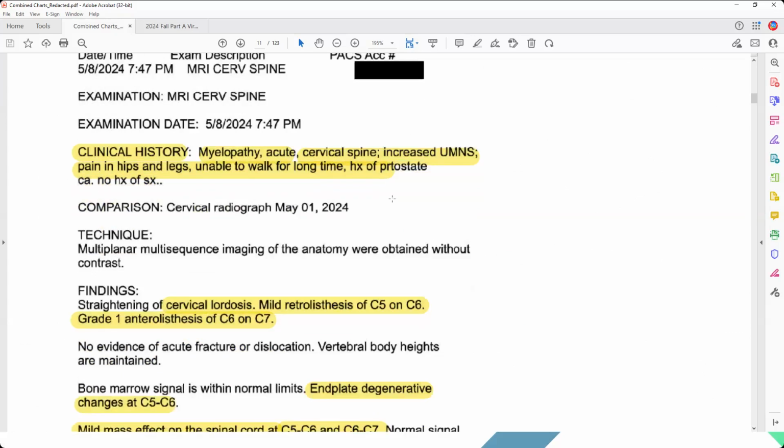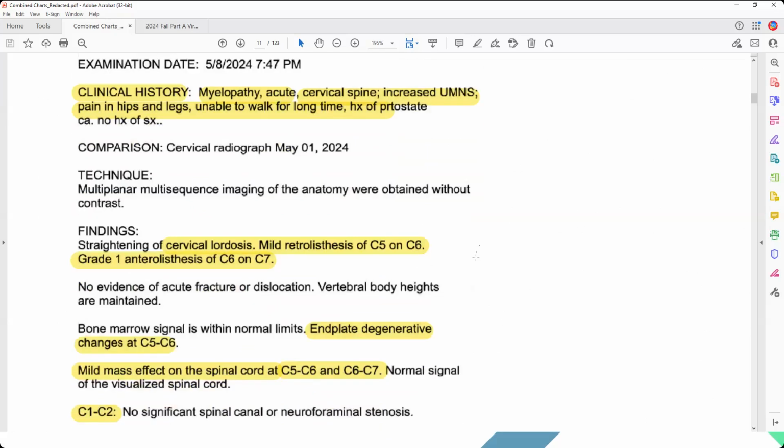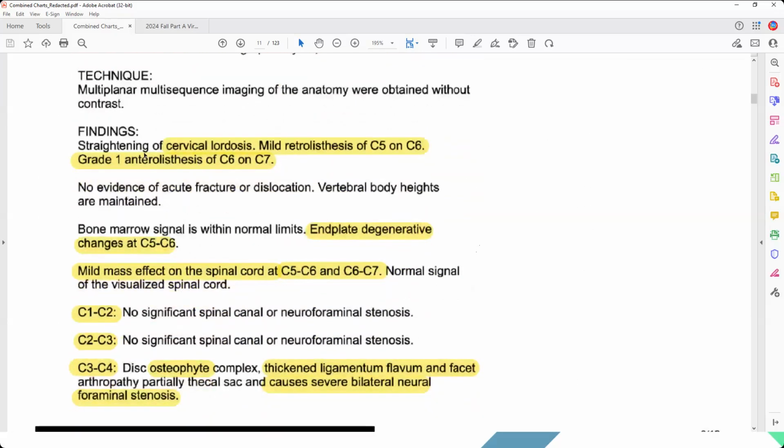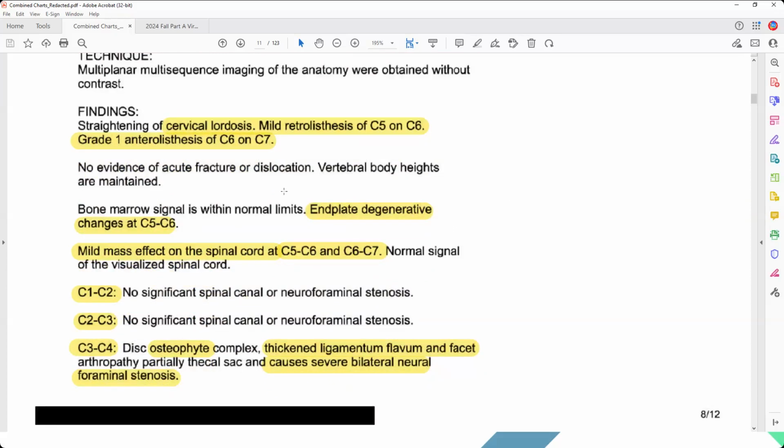We have some history of prostate cancer. Okay, so the findings in the MRI go down here. Cervical lordosis, and we're going through and looking at all the cervical issues.